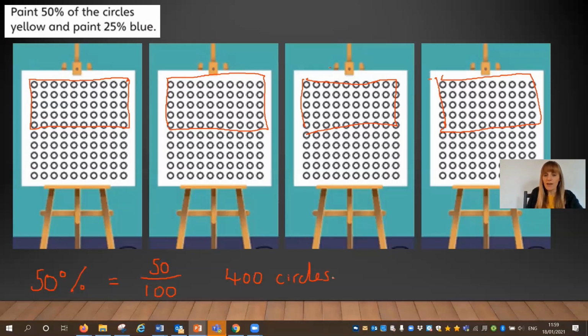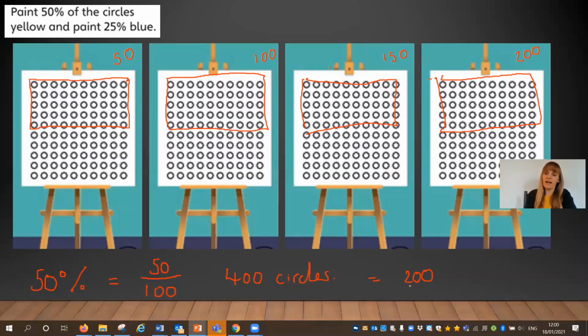Now, if we have shaded in 50% of that, on this board we had 50, and then there was another 50, so let's do the total. So now we would be up to 100. This one, another 50, 150, and on this one, now we're up to 200 circles. So 50% of 400 equals 200.